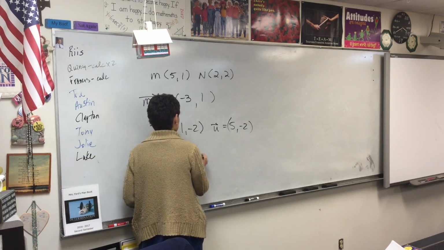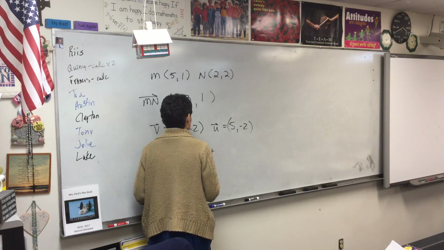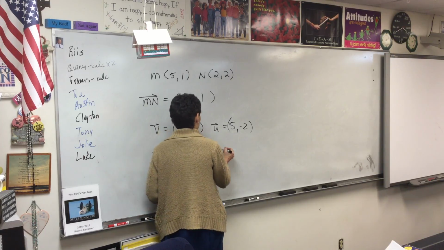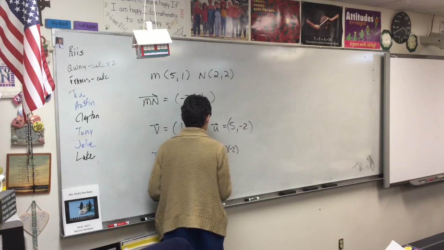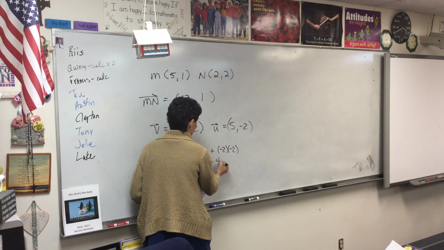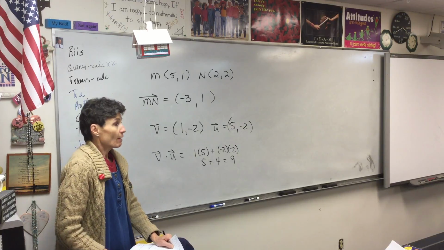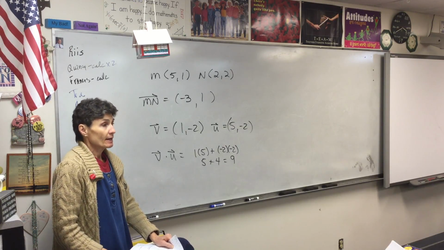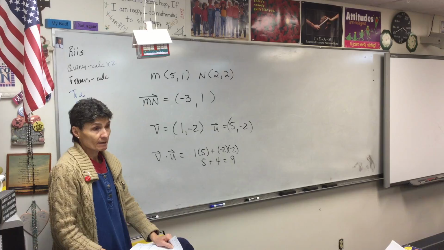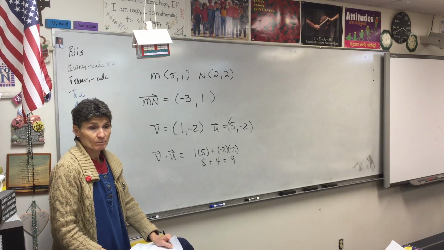So 1 times 5 plus Y times Y. So that would be 5 plus 4, so the dot product is 9. How do we do a dot product? X times X, Y times Y, add them up, just like Marissa said.